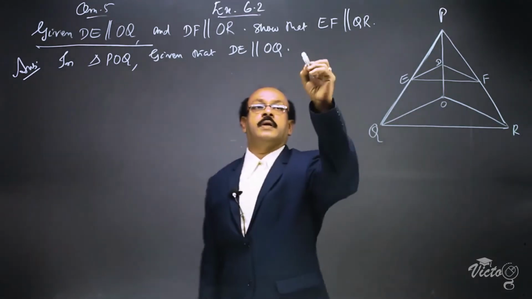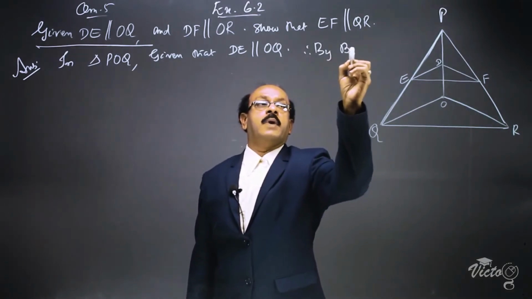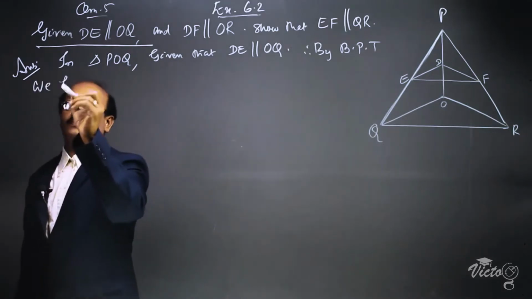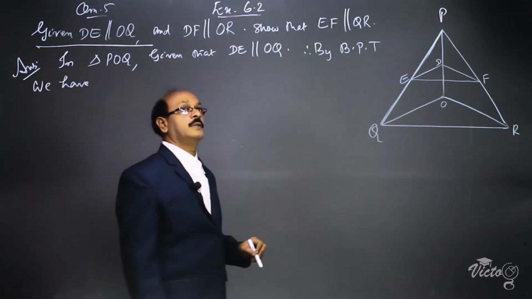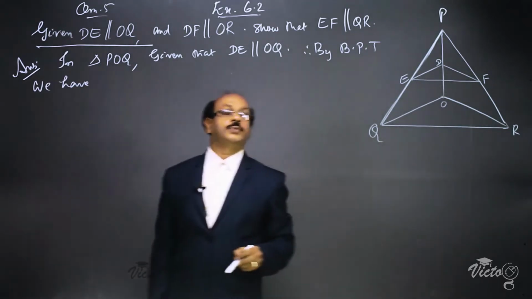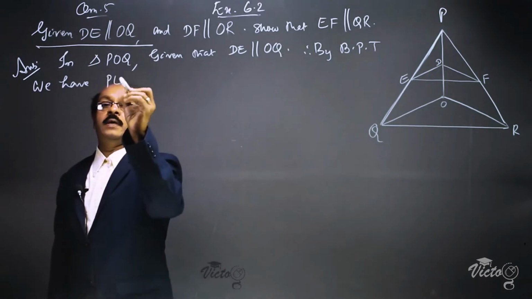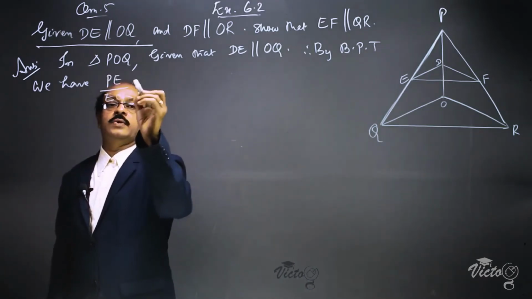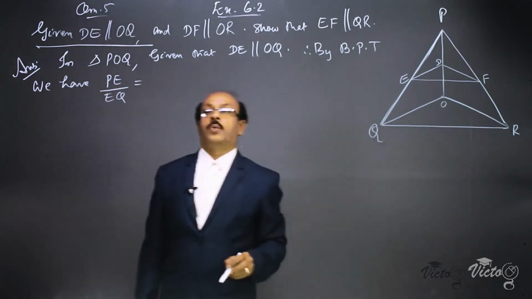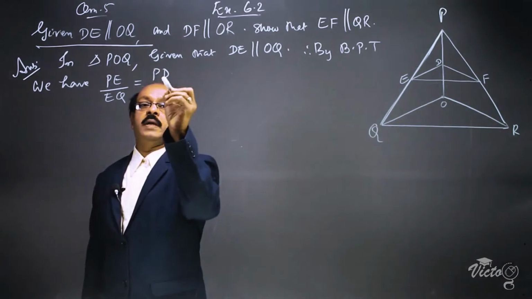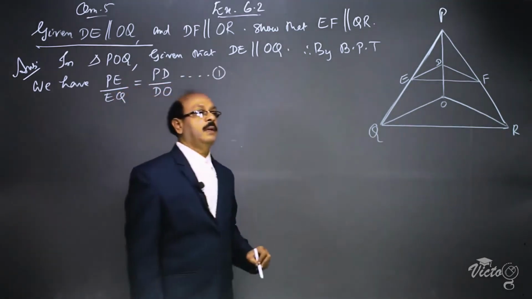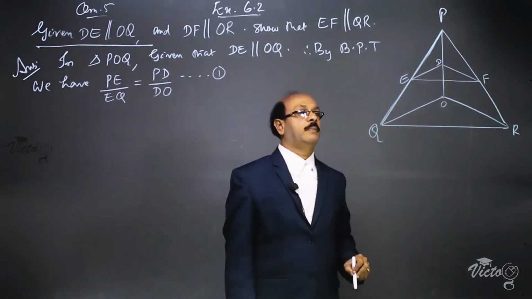By the basic proportionality theorem, we have the ratio of the sides PE by EQ is equal to PD by DO. We are naming it as equation number 1.